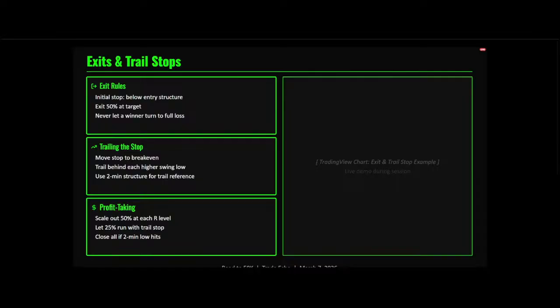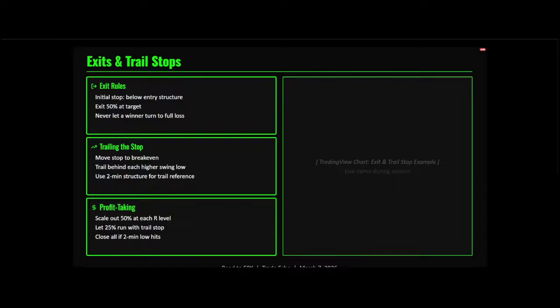Trailing the stop: usually, if price jumps up very rapidly, I'll keep my stop loss. But if it starts structuring little by little, and there are actual buyers coming in where the market is actually moving, then I'll move my stop to break even and trail behind each higher swing low.